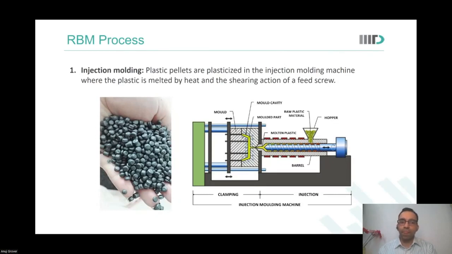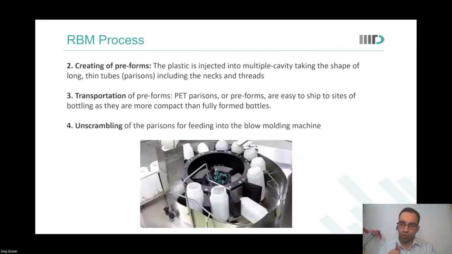So the RBM process involves injection molding, where plastic pellets are plasticized and put into a molding machine, melted, heated, and then pushed forward. Once the liquid plastic is available, you create preforms. So even if the 1 liter bottle would be this tall, the preforms you will notice are just this small.